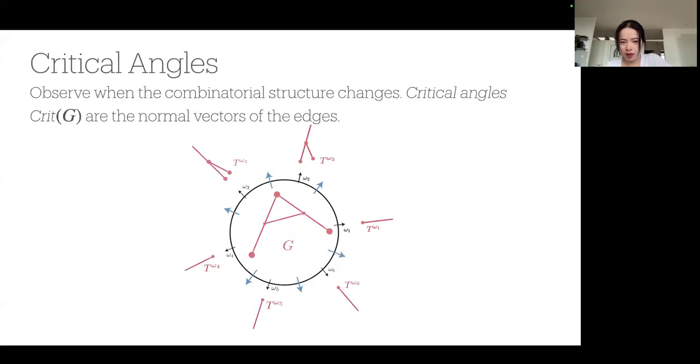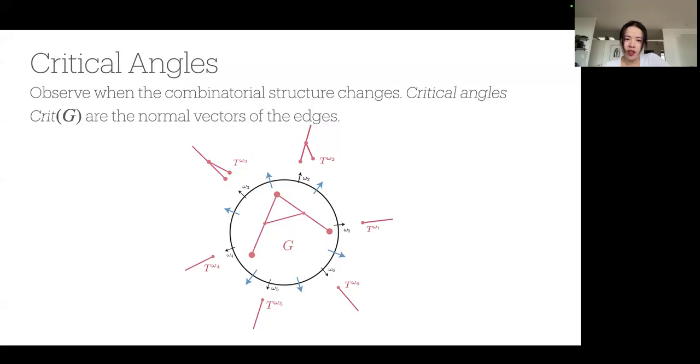So we want to compute the merge trees from all angles, but that can be expensive. So it's important to identify which angles are important to us, i.e. between which pairs of angles does the change happen only minimally to our merge tree. And these angles are actually the normal vectors of the edges.